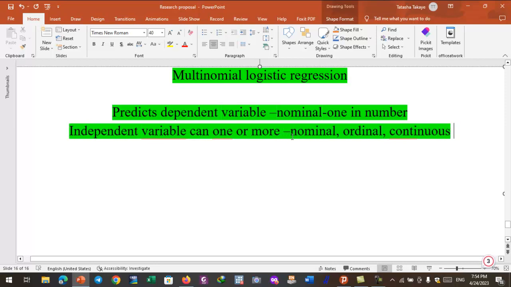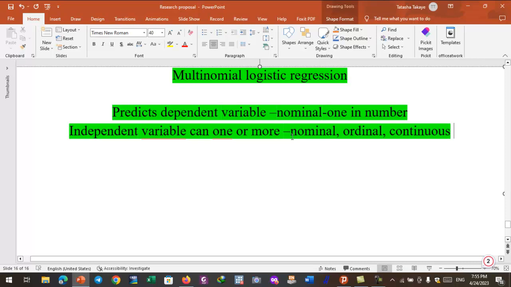You can have a combination of scales. For example, if you have three independent variables, one can be nominal, another can be ordinal, and the third can be continuous.